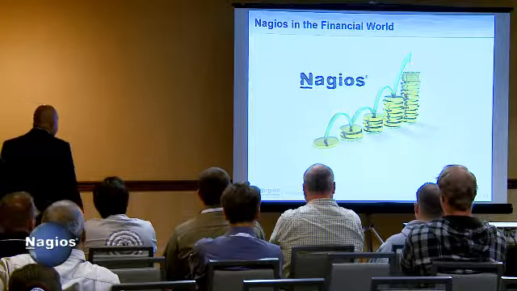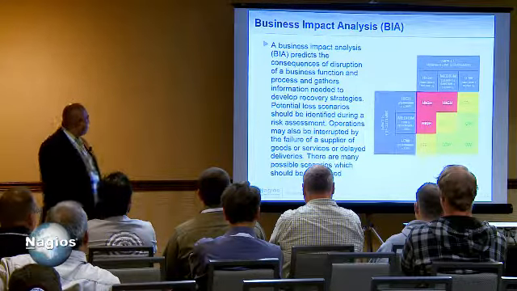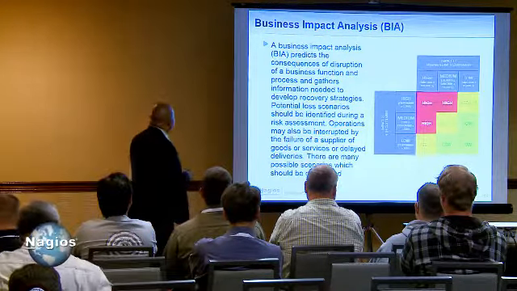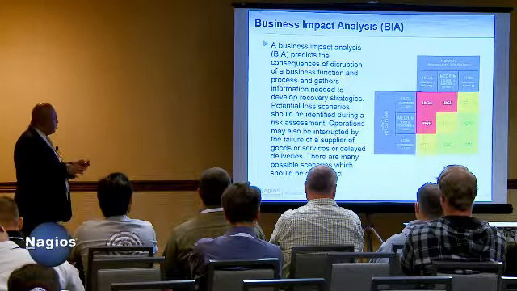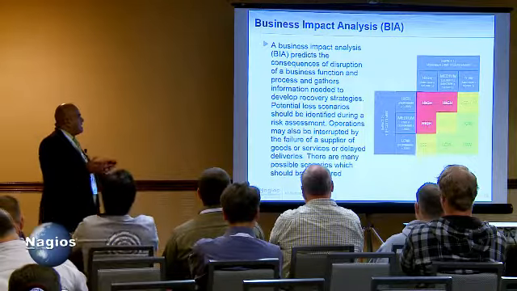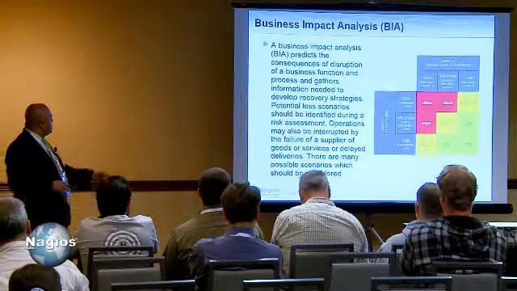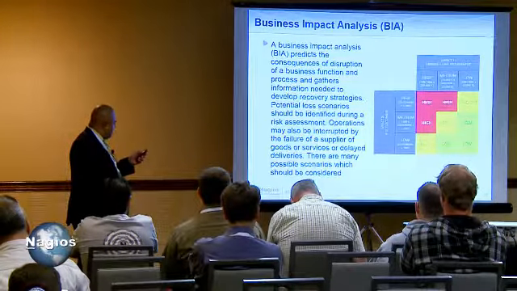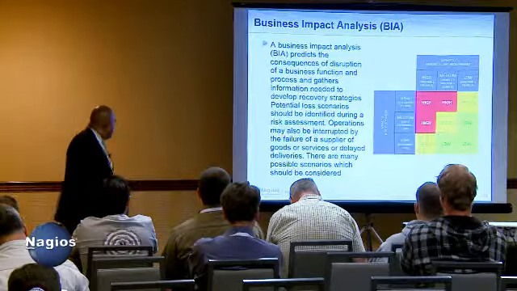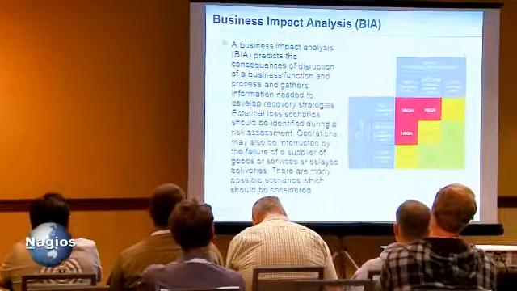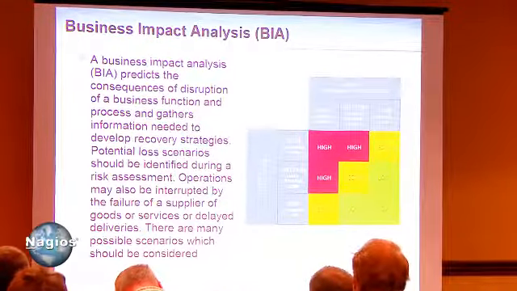Nagios in the financial world. Business impact analysis, BIA. This is the consequence of disruption in the business. Nagios can prevent and interact with BIA because it helps with graphs like this, and we can have operation all day.